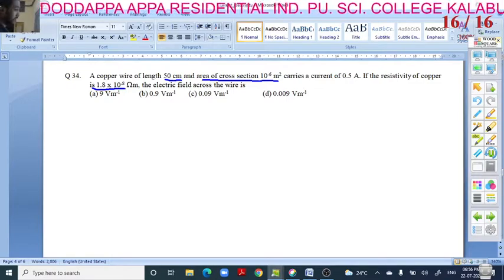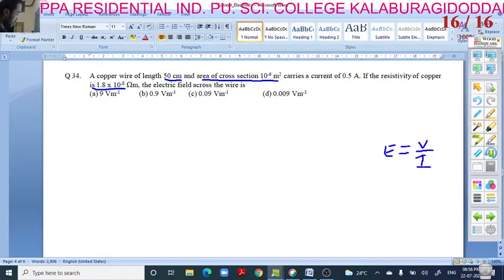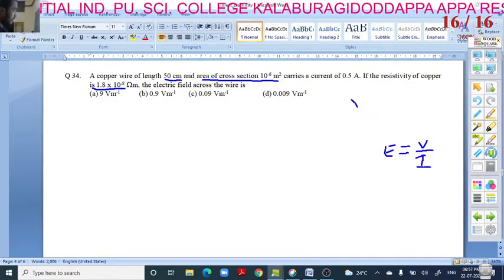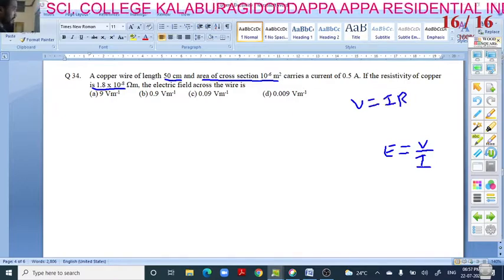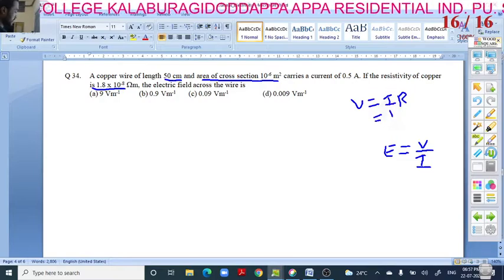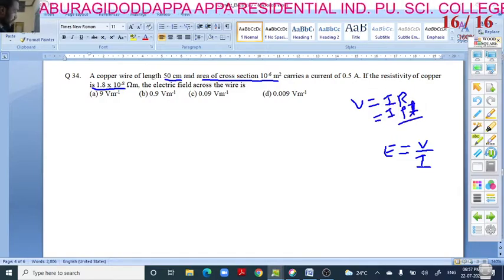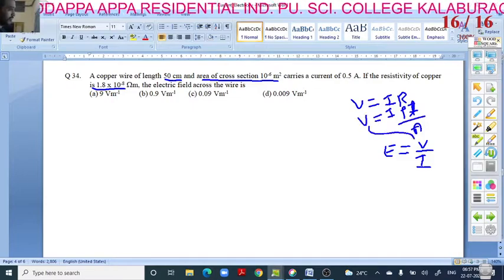We know that electric field E is equal to V by L, and at the same time V is equal to IR, with resistance rho L divided by A. Just use this value of V here.